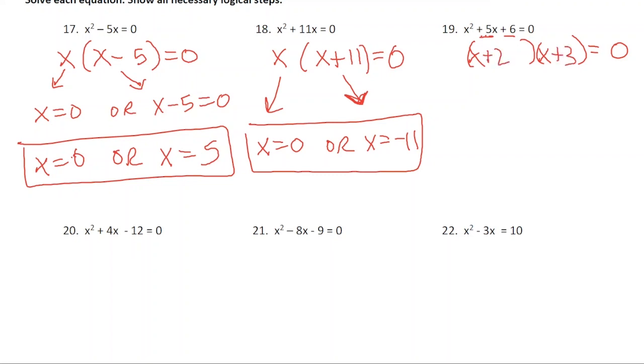Here we're going to use the zero product property: either x plus 2 is 0 or x plus 3 is 0. So our two solutions are x equals negative 2 or x equals negative 3.